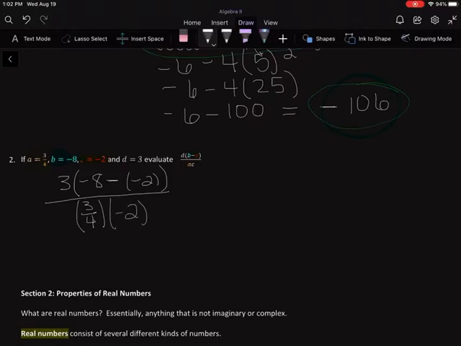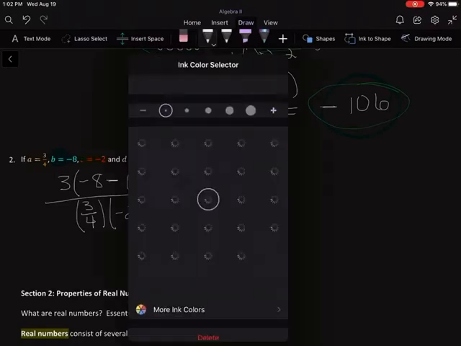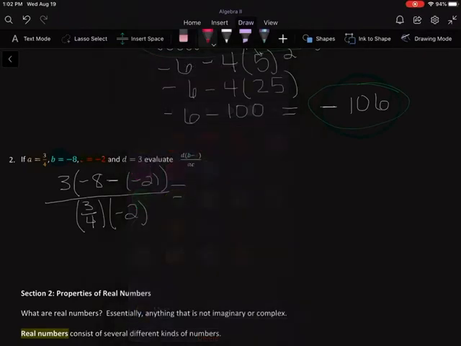If I put all of this in my calculator, I would have to put this in parentheses in the denominator and this in parentheses on the top in order for the calculator to calculate it correctly.